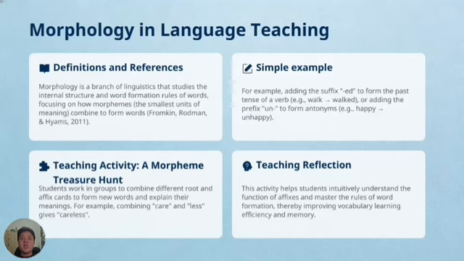So first, morphology studies the structure of words and how we make new words. For example, happy and unhappy, work and worked, care and careless. In our class, we use an activity called Morpheme Treasure Hunt.